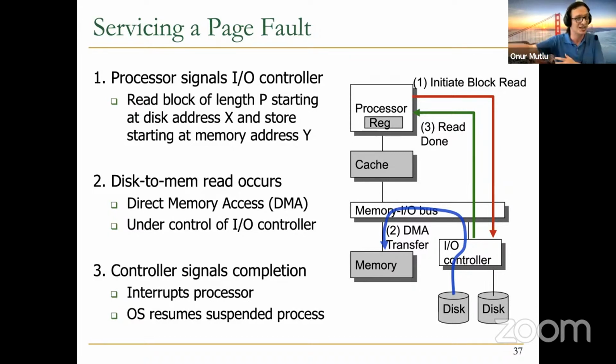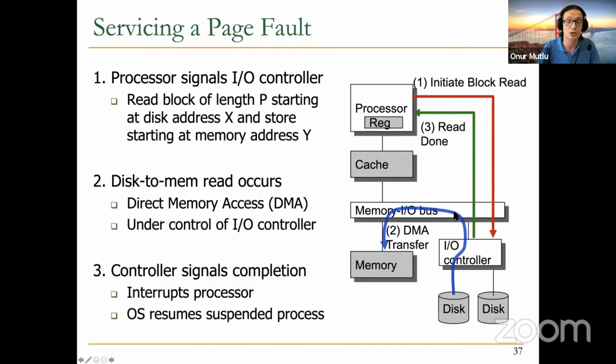There's another data structure that has that information. It could potentially be stored in your page table, assuming it fits, but we're not going to go into that. Assume that it's a separate data structure for now.